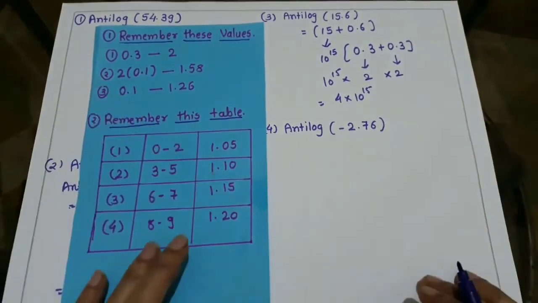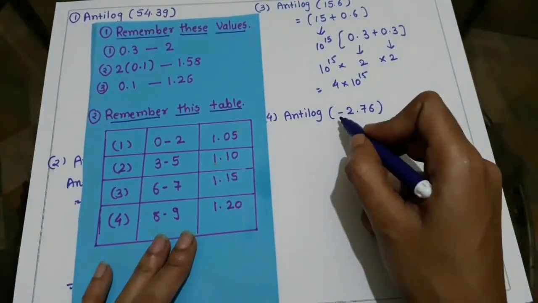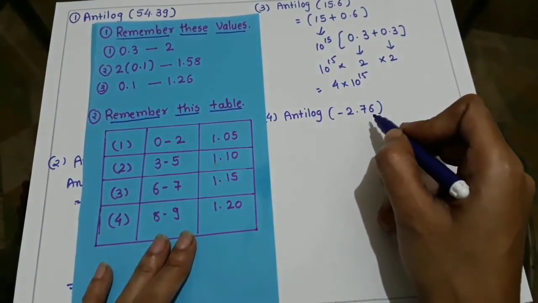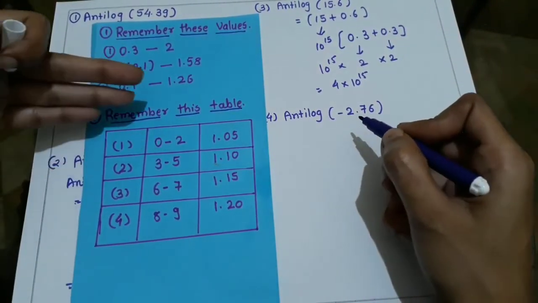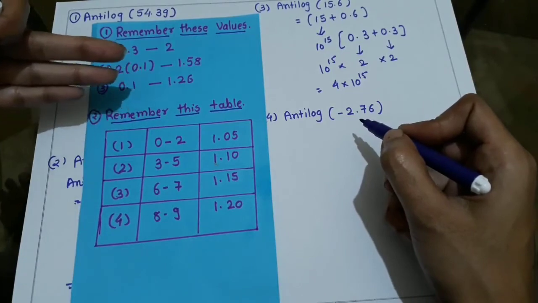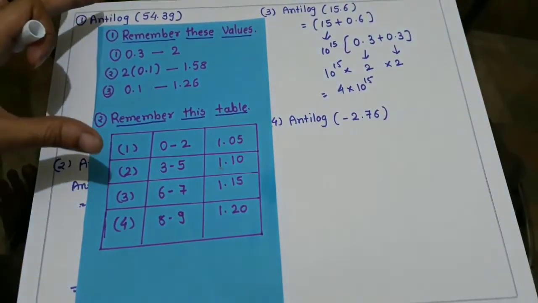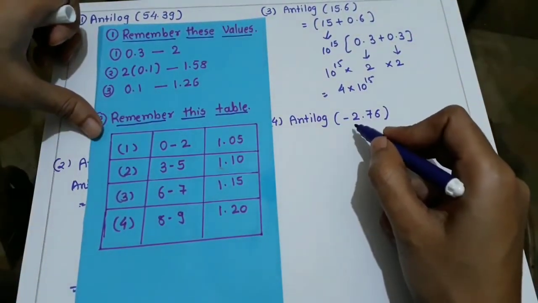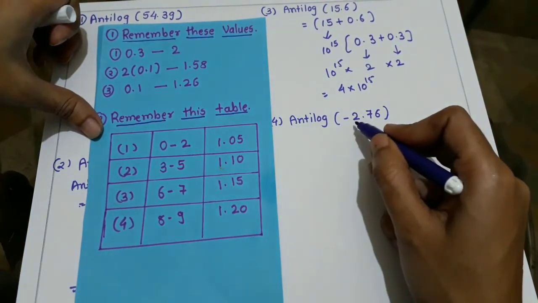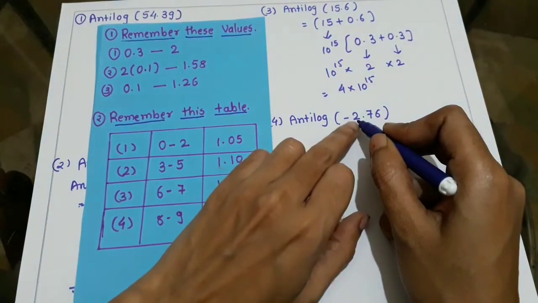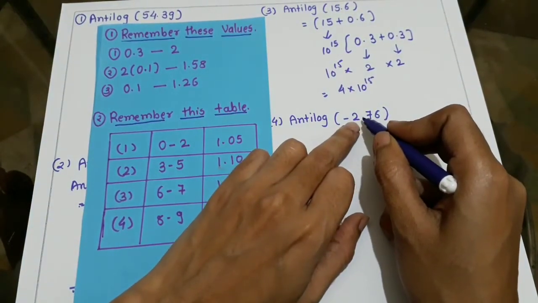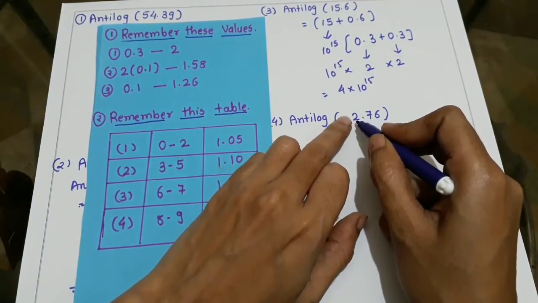Now student, the next one is antilog of minus 2.76. For a negative number there is a different method for calculating antilog. Let's see how to calculate. The first step is to look at the number before the decimal point, that is 2.